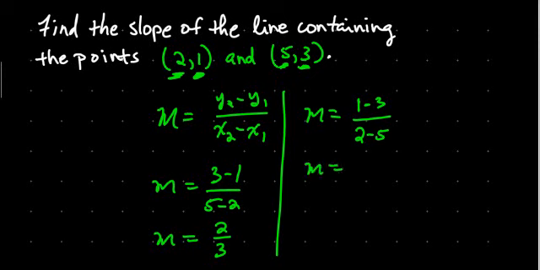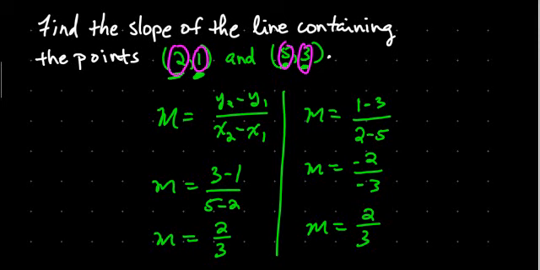M equals 1 minus 3 is a negative 2. 2 minus 5 is a negative 3. And we get the same thing, m equals 2/3. So it doesn't matter which one you call y1 or y2. What does matter is that you stay consistent. That is, if you call 3 y2, then 5 must be x2. Or if you call 1 y2, then 2 must be x2.